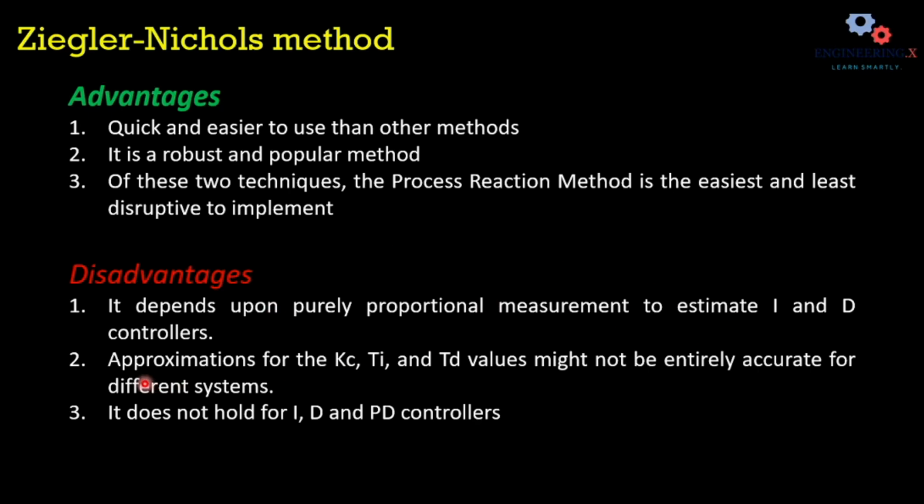The approximations for Kc, Ti, Td values might not be entirely accurate for different systems, and also it does not hold for an integral only controller, derivative controller, or proportional derivative controller. So these are some advantages and disadvantages of the Ziegler-Nichols method.